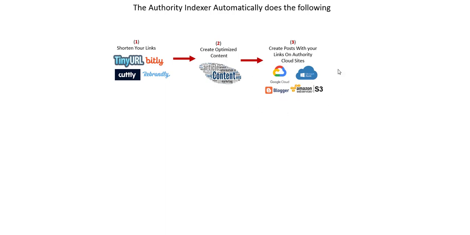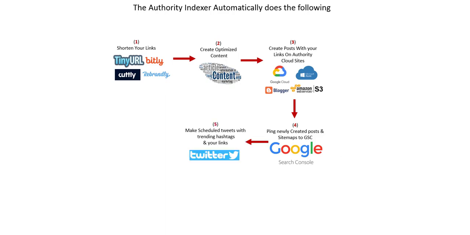In fact, it creates the sites for you automatically, it creates the content for you automatically, and it creates the posts for you automatically as well. All you have to do is feed it the links, and then it will ping the Google Search Console with your newly created posts and your sitemaps and RSS feeds.